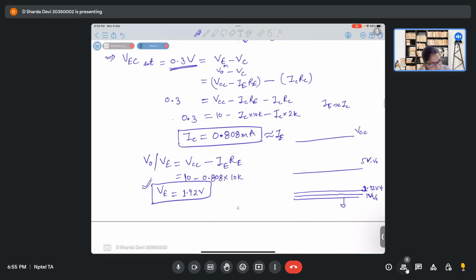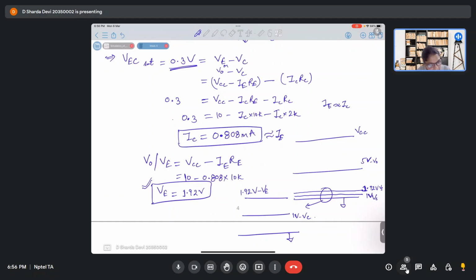So if I zoom in at this point, it's 1.92 volts of VE, one volt of VC, and here we have ground.